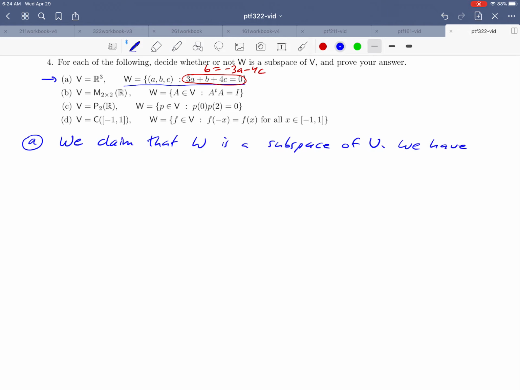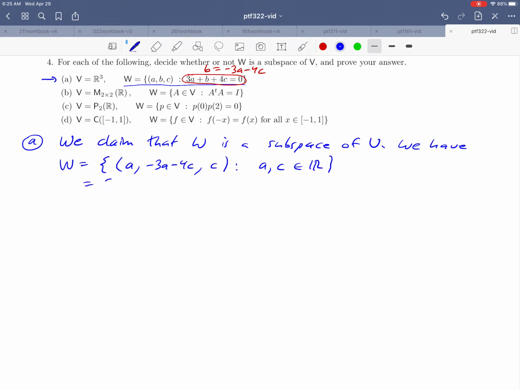To do that, notice that we can rewrite W using that observation as the set of ordered triples that looks like (a, b, c), and since b is equal to -3a - 4c, we can substitute that in for b. Essentially what we've done is reduce this down to a set of ordered triples that depends on two variables, a and c.